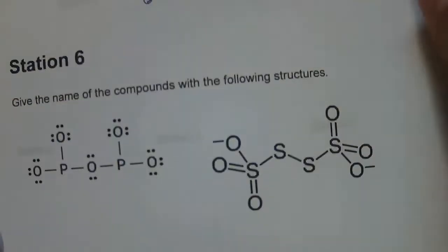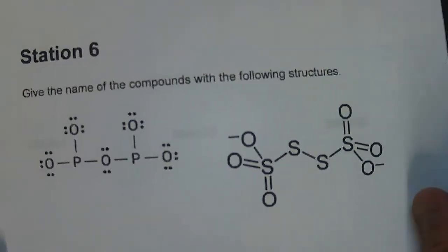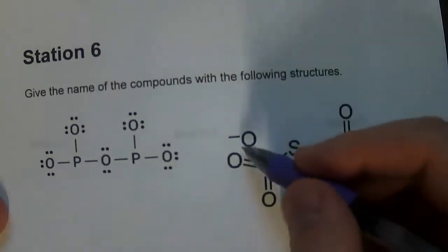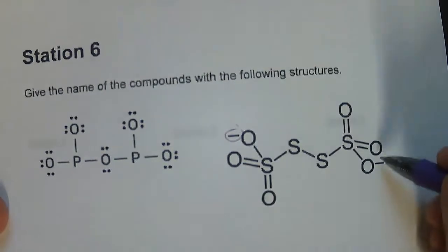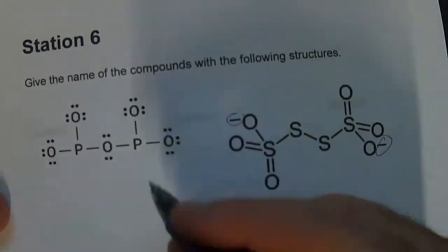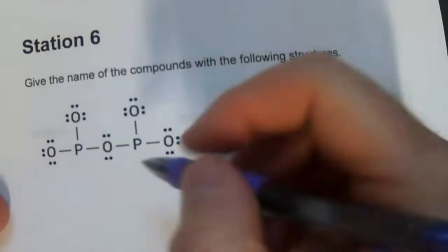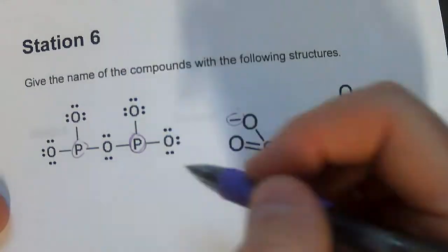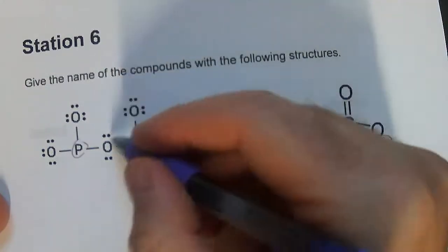And then the last one here is names of the following compounds. Okay, and I know that this one has a little bit of weirdness with this bonded to nothing, but just go with it. Okay, so again, the central atom kind of gets listed first, and you can kind of see that there's P's in the middle here, all around.